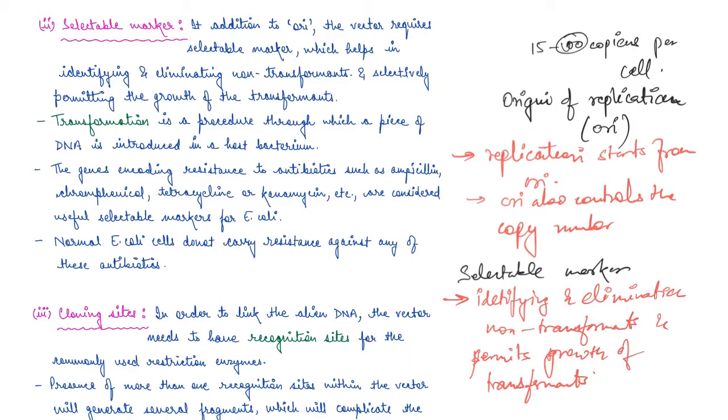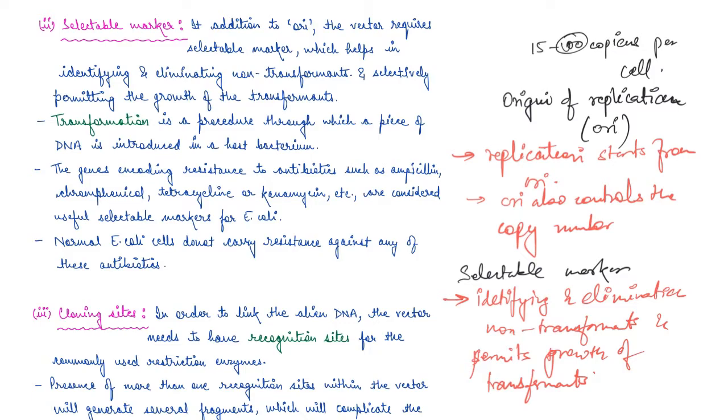Transformation is a procedure through which a piece of DNA is introduced into the host bacterium. Normally, the genes encoding resistance to antibiotics such as ampicillin or tetracycline are considered useful selectable markers for E. coli. The normal E. coli do not carry resistance against any of these antibiotics.